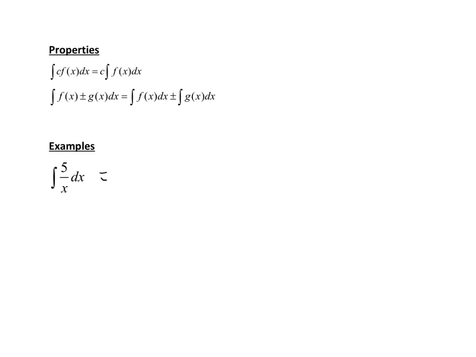I'm going to first rewrite that by taking out the 5. 5 is just a constant. So I have 5 times the antiderivative of 1 over x dx. Now, as we previously discussed, the antiderivative of 1 over x is natural log absolute value of x. So this would be 5 times the natural log absolute value of x plus c.